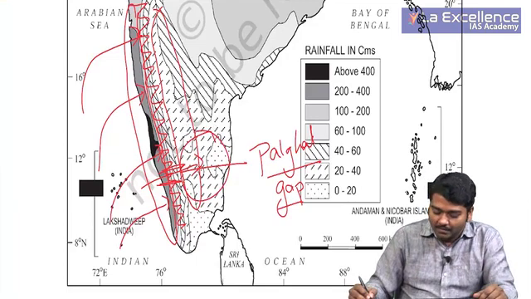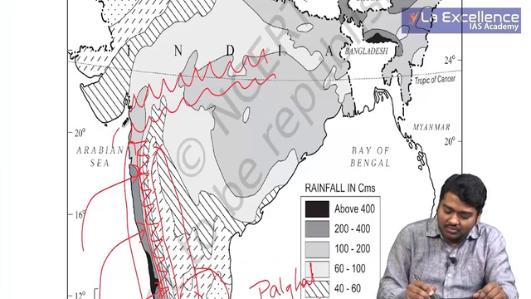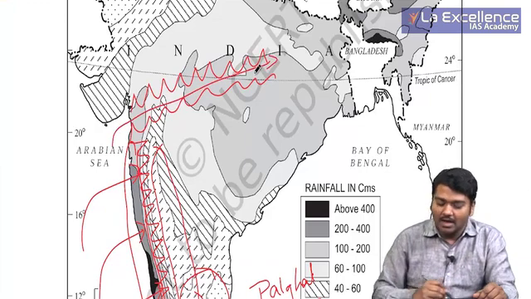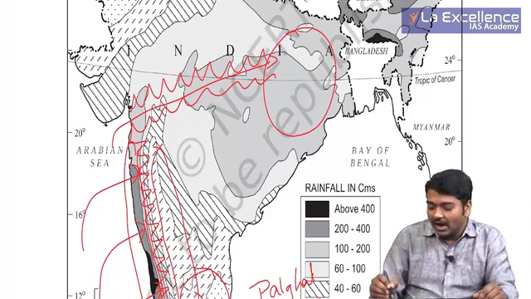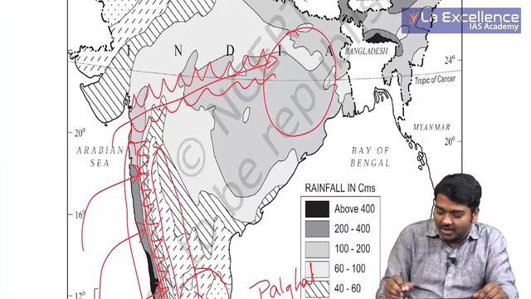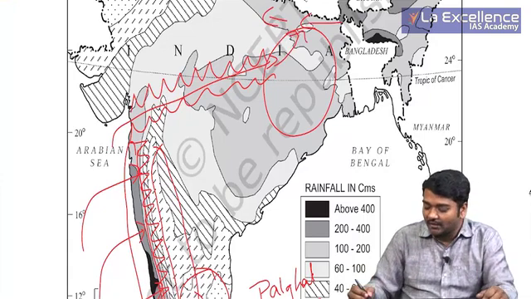Then when we talk about central India, you have the Vindhyas and Satpuras through which certain winds blow, and they give heavy rainfall in this region. There will be another branch coming from the Bay of Bengal like this, and both will merge and give heavy rainfall.